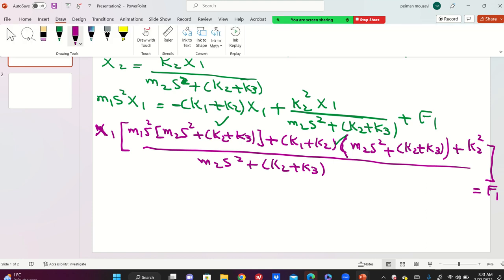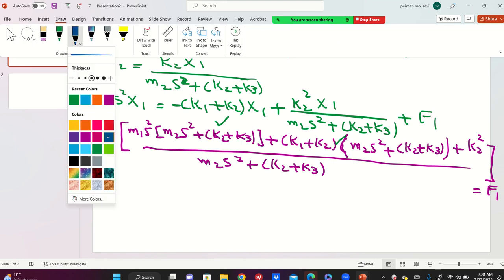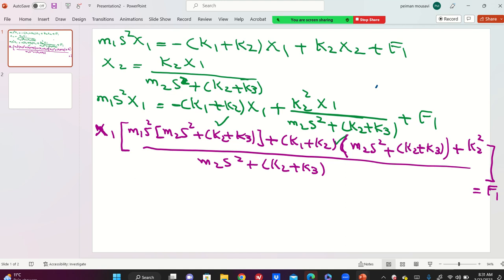So now, as we expect, we have fourth order system. So if I want to simplify everything, I'm going to say M1, M2, S4. Now we have higher order system.